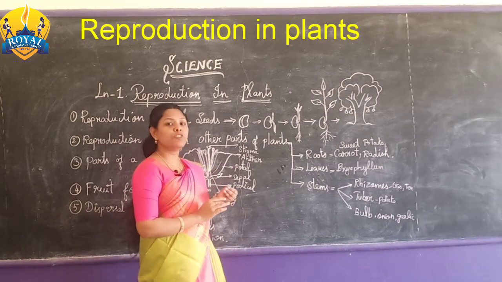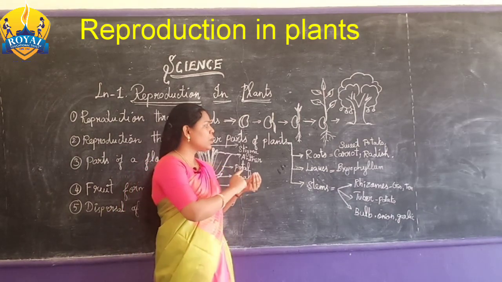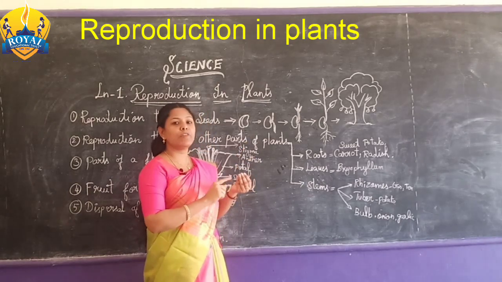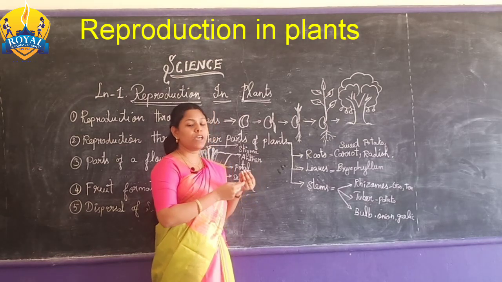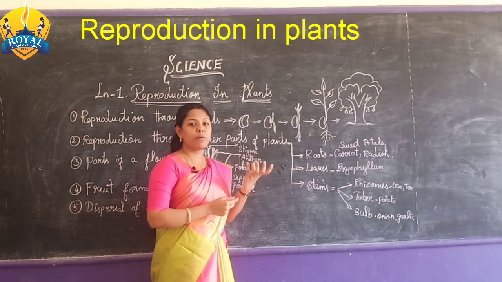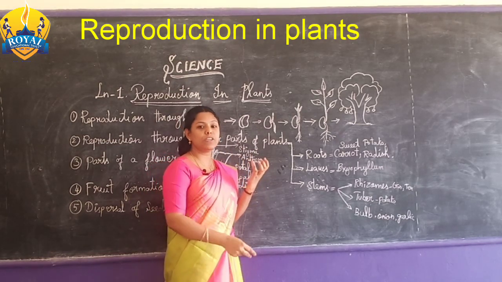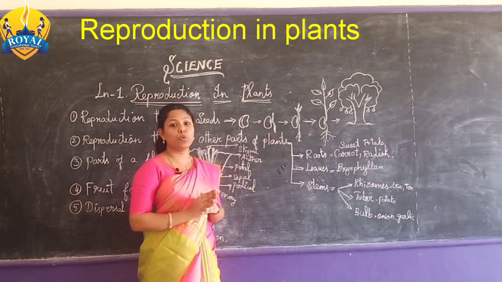At the margin of the Bryophyllum leaf, small buds come out. After some days the small buds fall on the ground and give rise to a new plant.